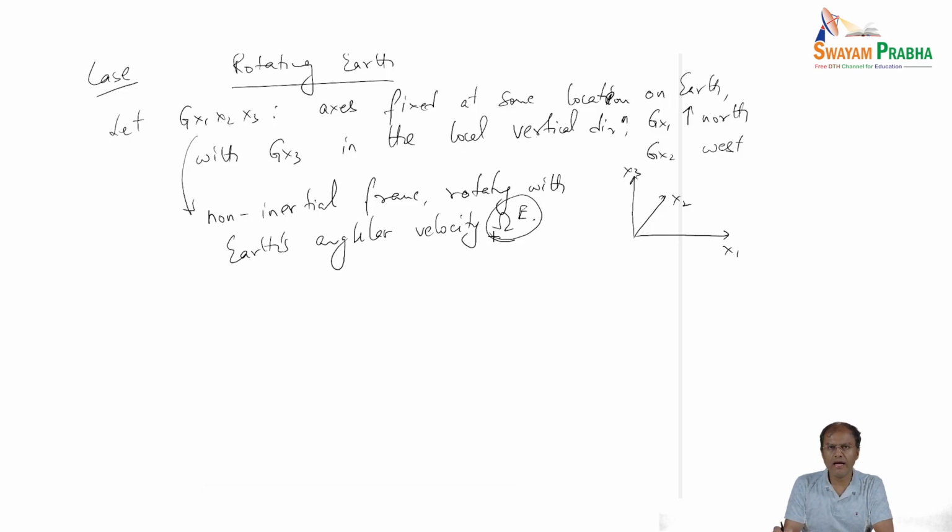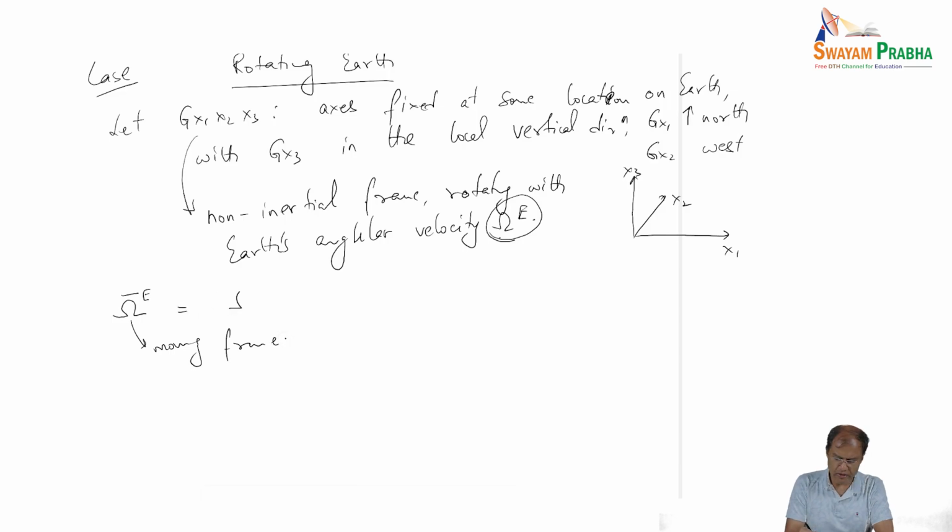Now, if we were to write this angular velocity of the Earth in the moving frame, that is in the gyro frame, then my omega e, now this is with a bar, so this is the moving frame quantity.